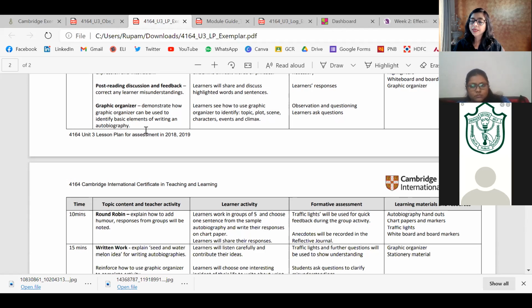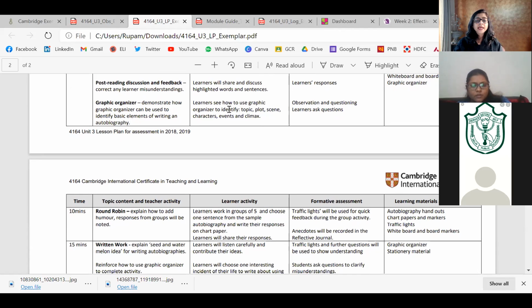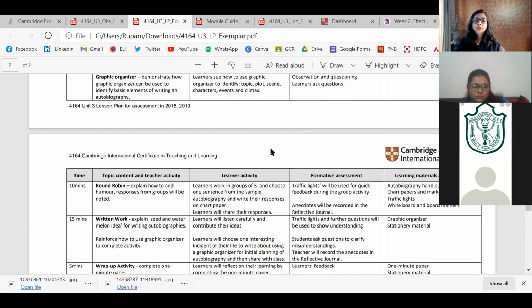Because it is a sample autobiography, they are filling a graphic organizer in which they write the special elements they have found in the autobiography, right? The learners see how to use the graphic organizer to identify the topic, plot, scene, characters, events, and climax. So that's what they are doing.